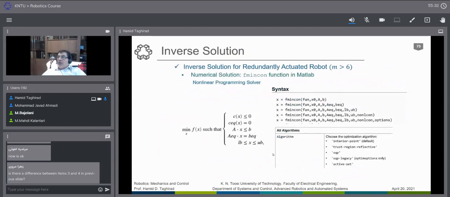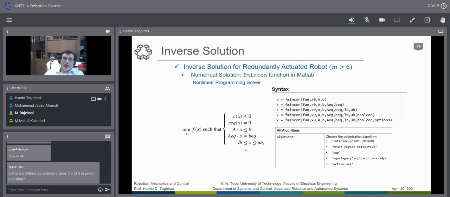So I brought you this slide, which was not complete. This is just completed now. You just go to the help of MATLAB for fmincon, and I encourage you to use this function. Of course, there are many other functions available there too, but fmincon is very similar to what we are doing.